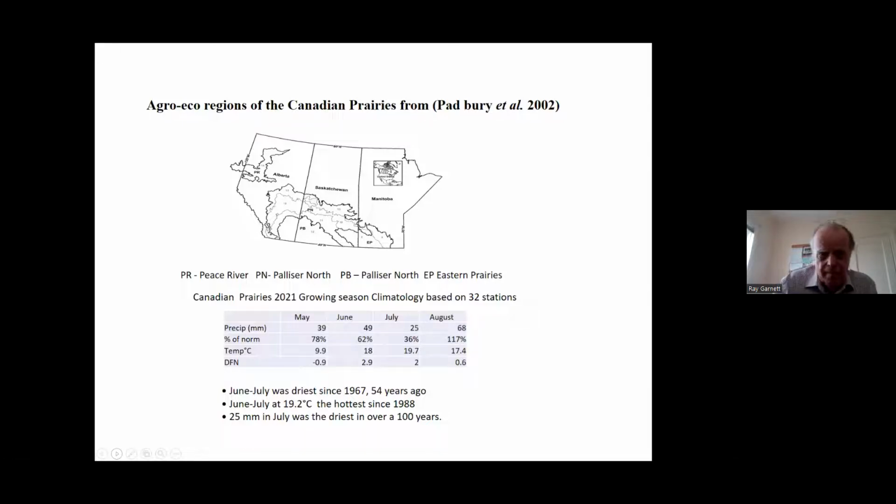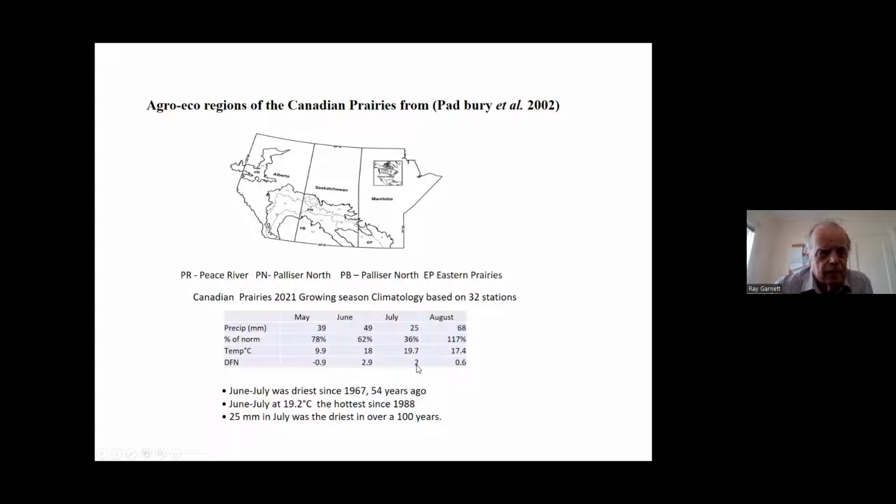This map shows various agricultural ecological zones over the prairies. What happened last year that was really exceptional was the dry July. A mere 36% of normal rainfall in July, 62% of normal in June, and May was fairly reasonable. But look at the temperatures here. We had 2.9 degrees Celsius above normal in June, 2 degrees Celsius in July.